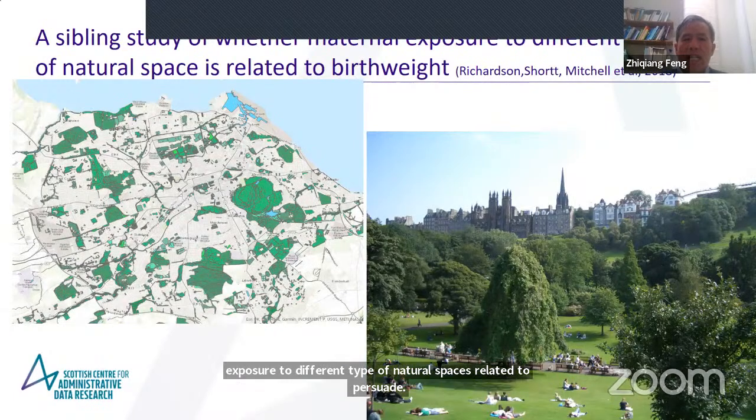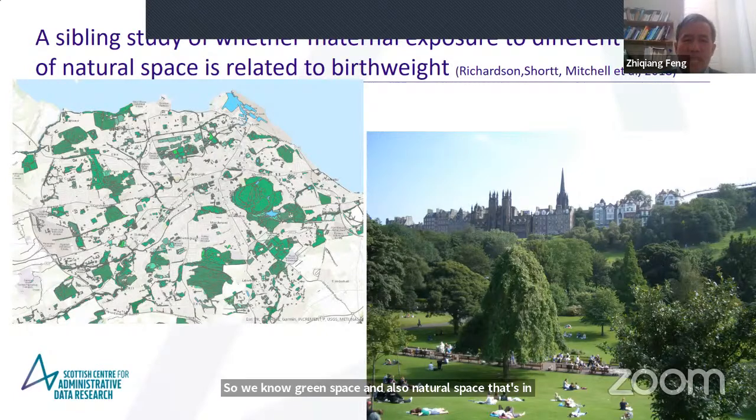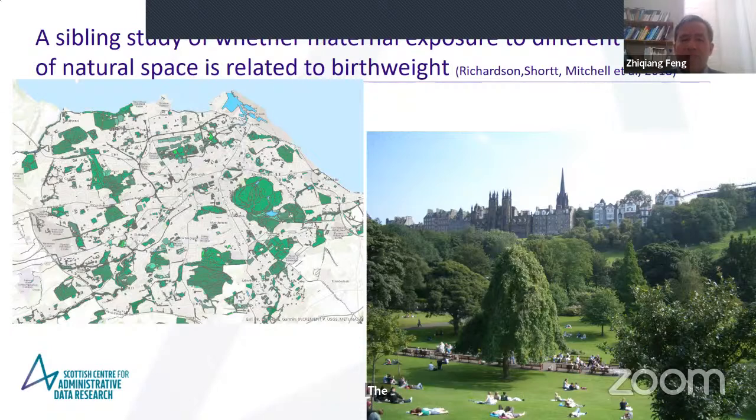So we know green space and also natural space, which includes, for example, blue space as well, are beneficial for people's health and well-being. And the research has shown the mechanisms, for example, access to green space may encourage people to use the green space for physical activity and for building social cohesion.